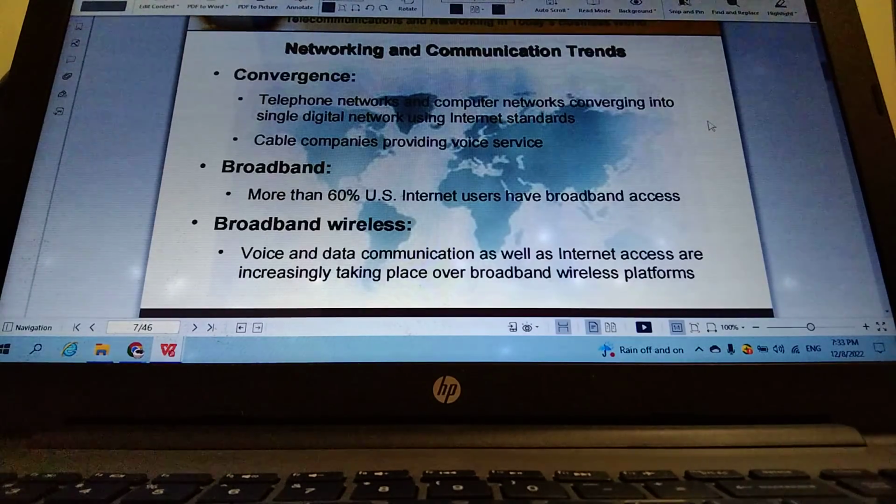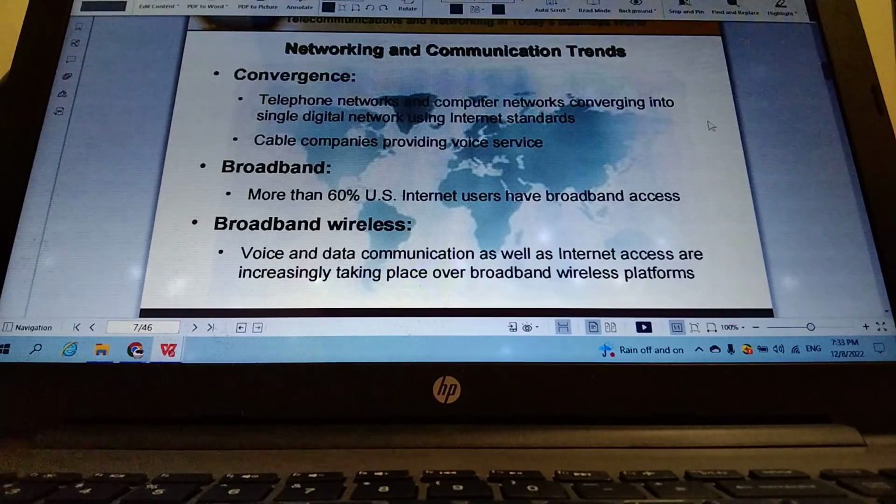And later on we will look into further details. Telecommunication is mostly in wireless mode, but voice is available in both modes, either wireless or wired.